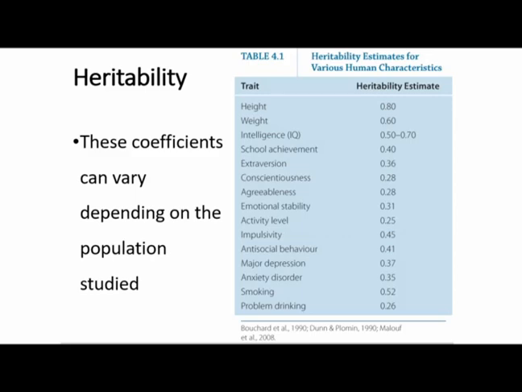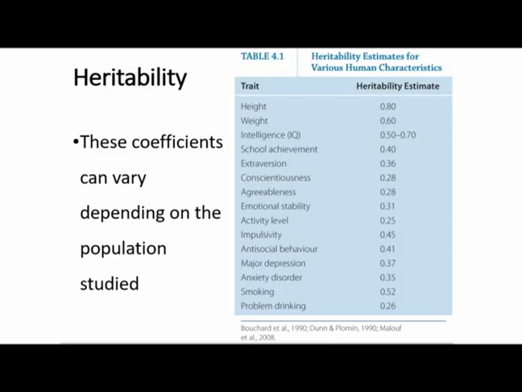But as we move down the list, we get into things that are a little bit less physical and a little bit more psychological and behavioral. So we can talk about things like IQ or school achievement, activity levels, antisocial behavior, all those sorts of things. And we can see that a lot of these more behavioral and psychological traits end up having lower heritability estimates.